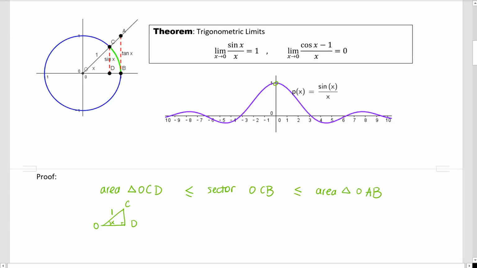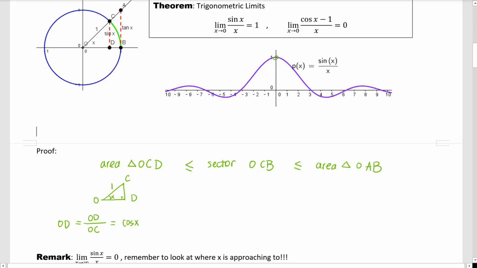What is OD? OD over OC is the adjacent over hypotenuse, so that is cosine x. And because OC is 1, OD is cosine x.